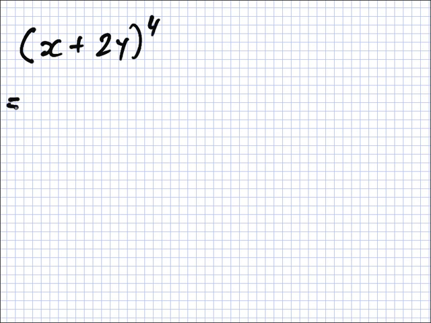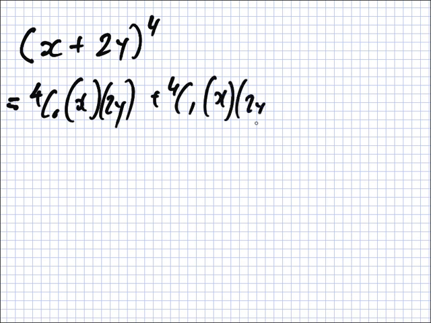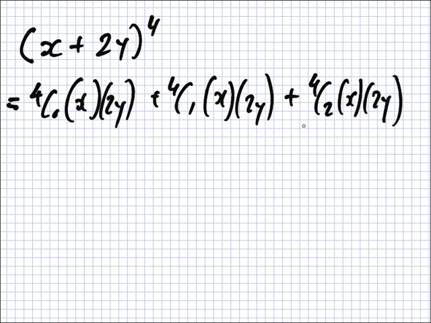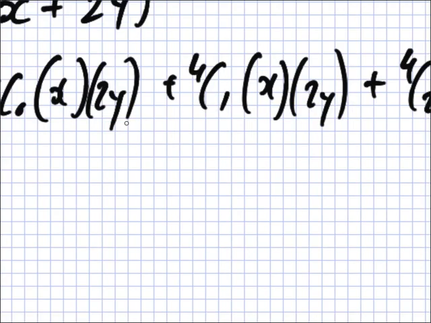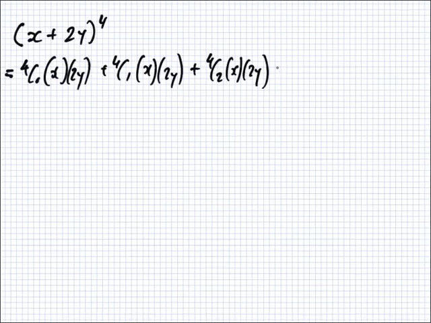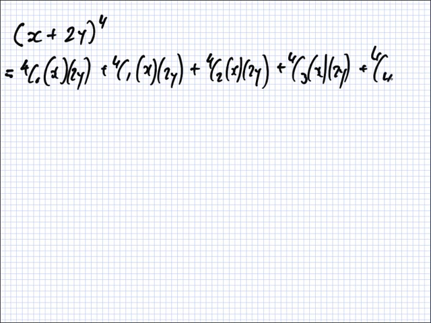So what we do now, what row do we need? 4. 4C0 x 2y plus 4C1 x 2y plus 4C2 x 2y plus 4C3 x 2y plus 4C4 x 2y. Okay, and now the powers. Let's start here with 0, 4, 1, 3, 2, 2, 3, 1, and the 4, 0.